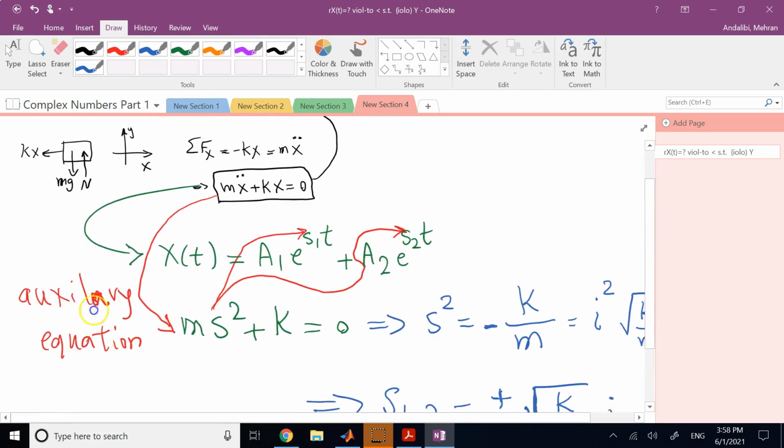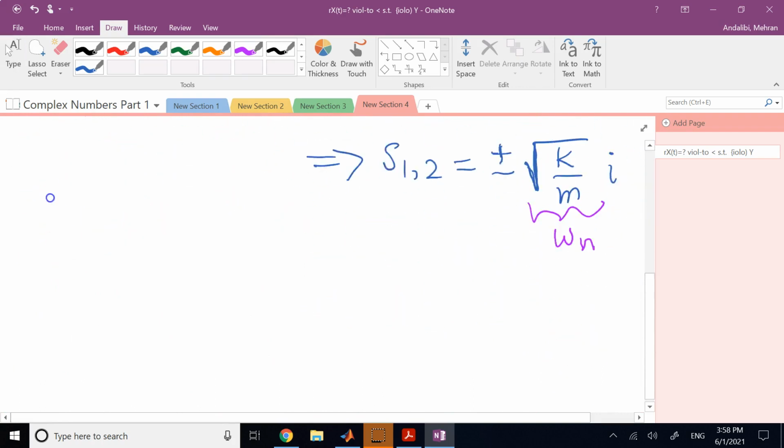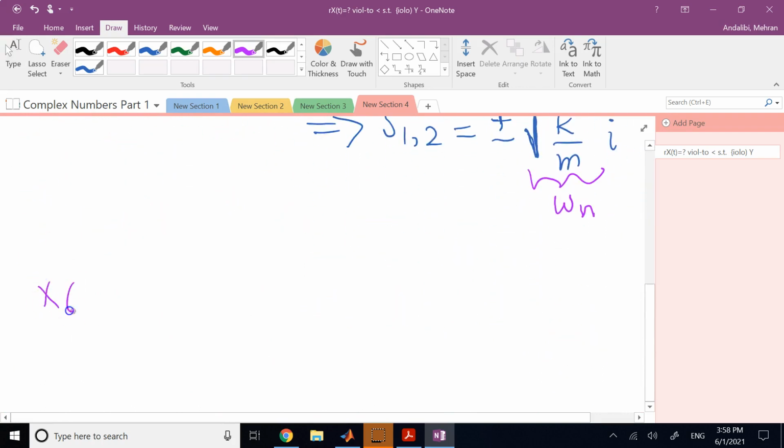We'll talk about it. But if I just call it omega n, then my solution x of t is going to be a1 e to the omega n i times t plus a2 e to the negative omega n i times t. So that is my solution.